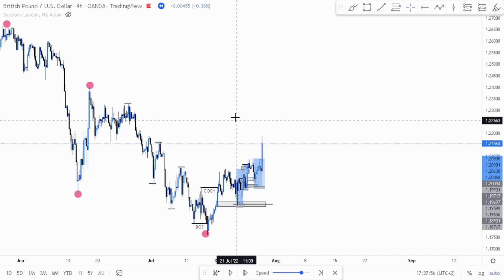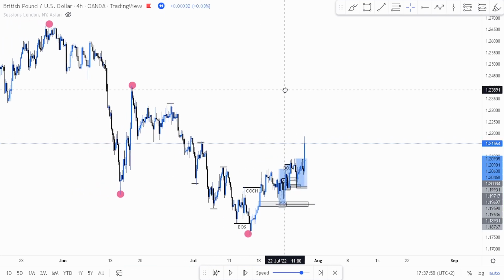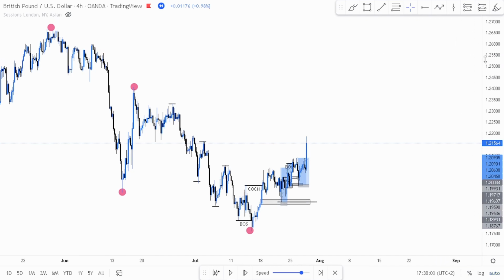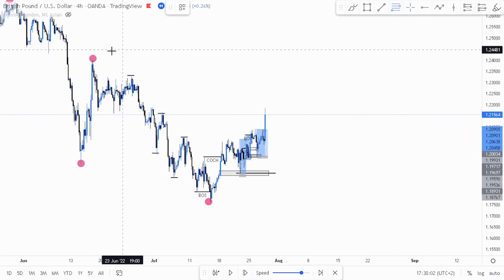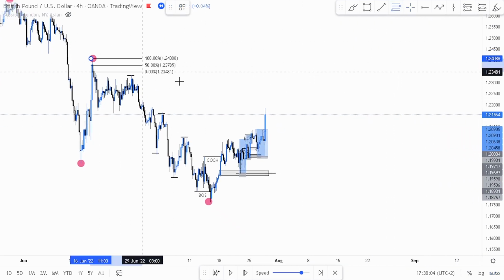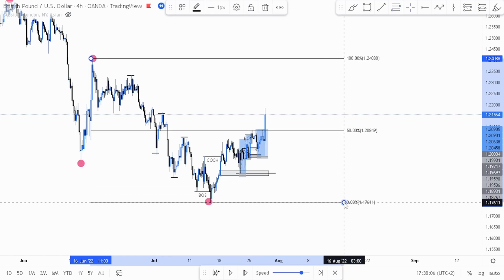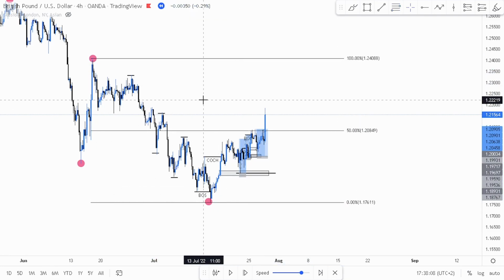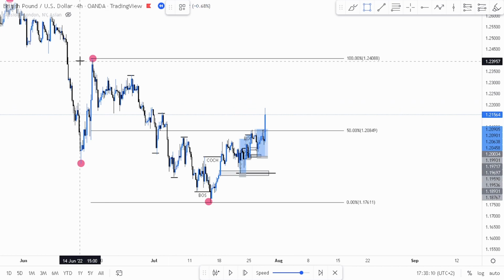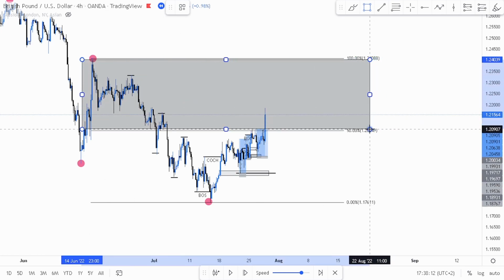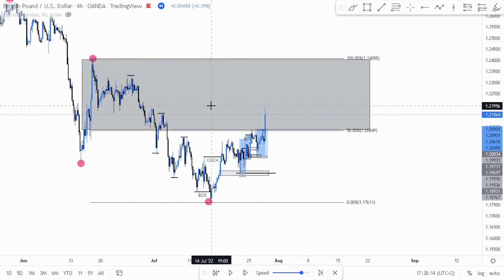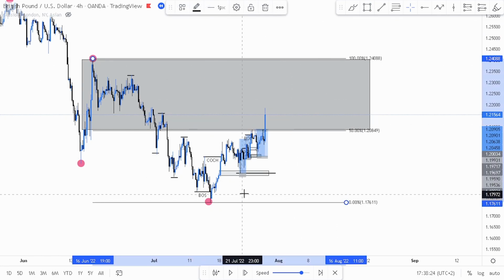So how do you approach this? Like I said, you take your Fibonacci retracement, you mark out the two legs, your previous lower high and your lower low. So once you are above the 50%, that's when we start looking for our levels of supply, which could possibly give us the break of structure to the downside, taking out our previous lows.